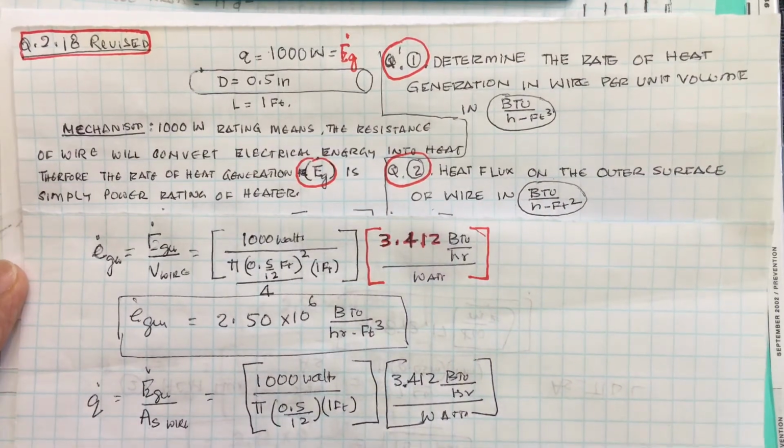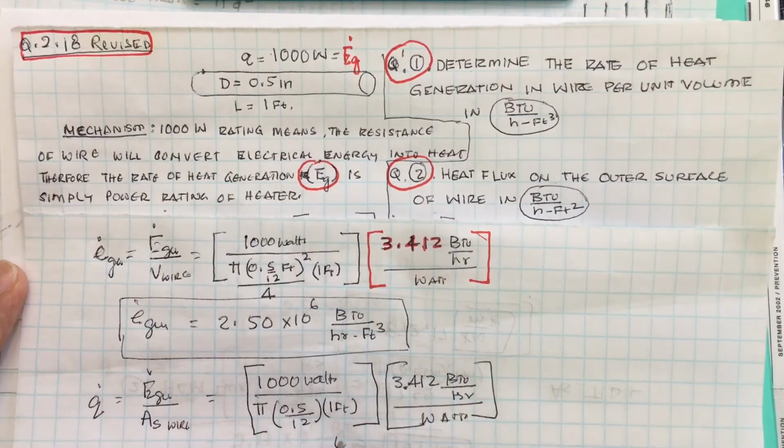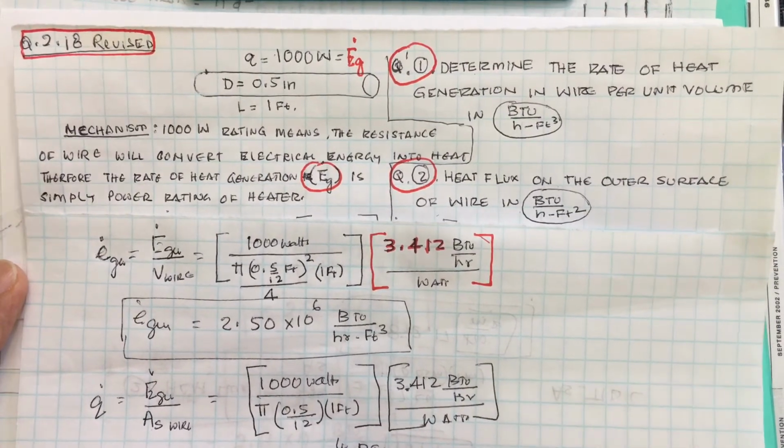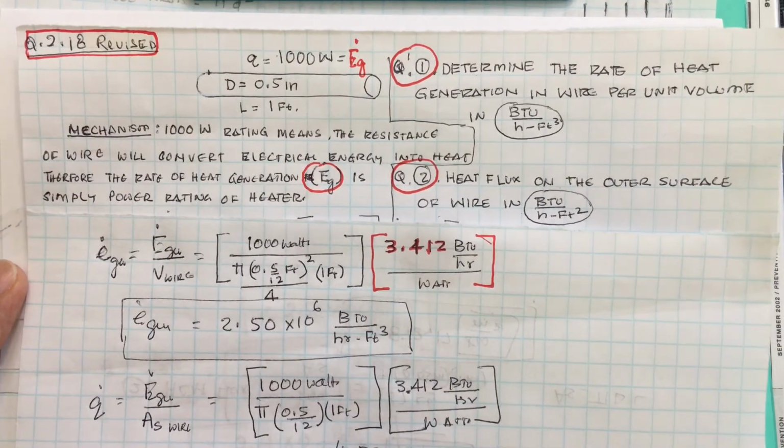And the value for that one is 2.61 times 10 to the power of 4 BTU per hour feet squared.